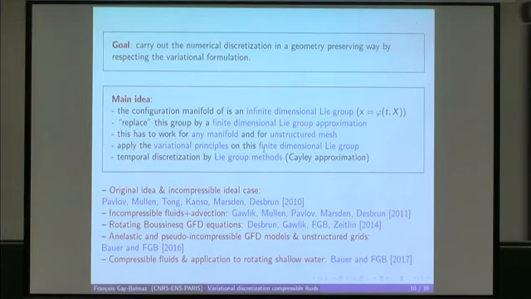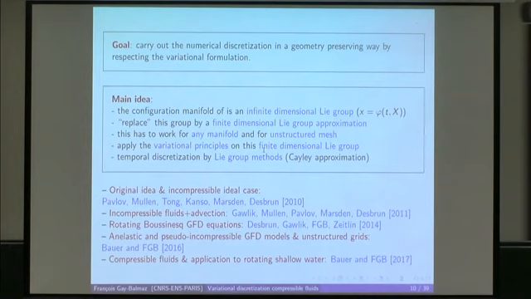For example, we are interested in the sphere because of atmospheric science, and we also want to be able to do some refinements, so to treat unstructured mesh. Then once this is done, we can repeat this variational process on this finite dimensional Lie group and get a spatial discretization of our problem. Later we can discretize in time by using the discrete Lagrangian mechanics that I mentioned earlier.